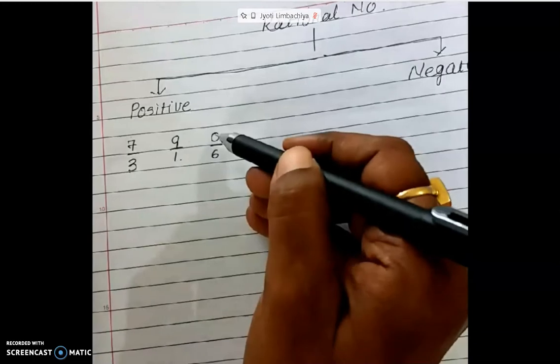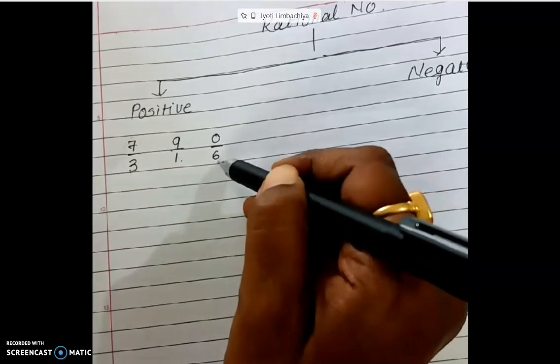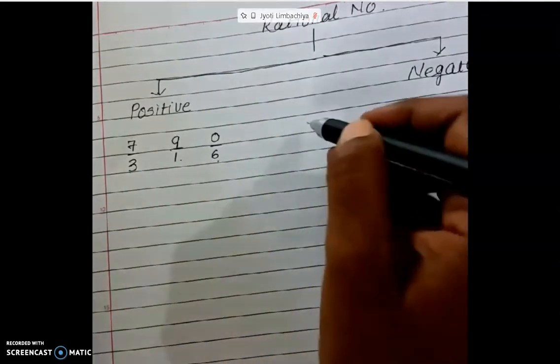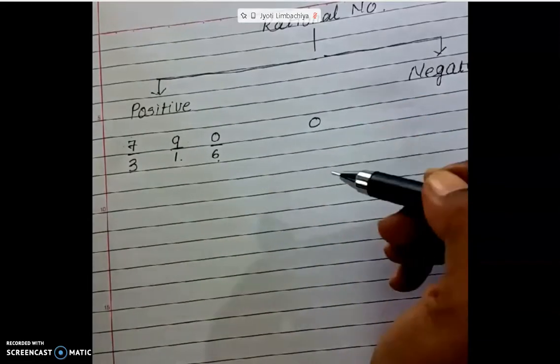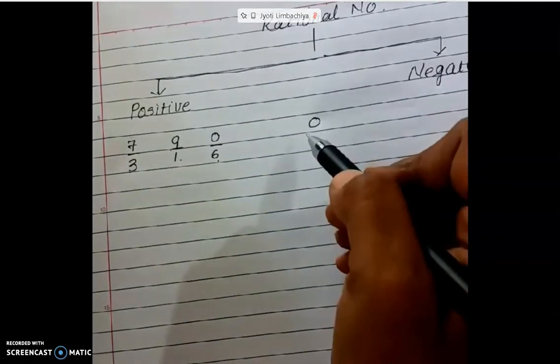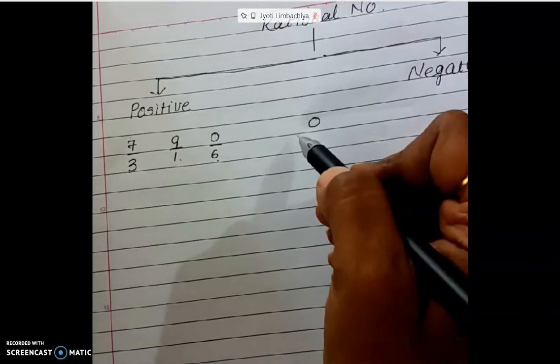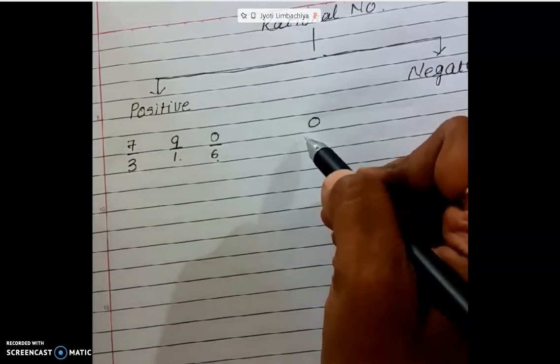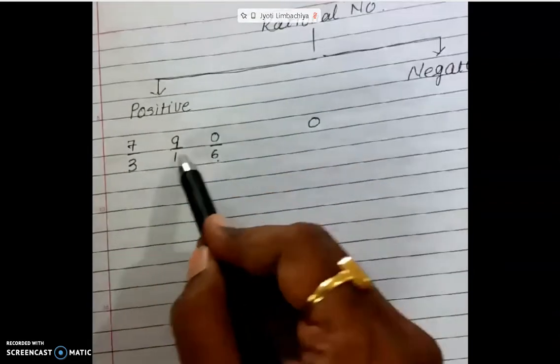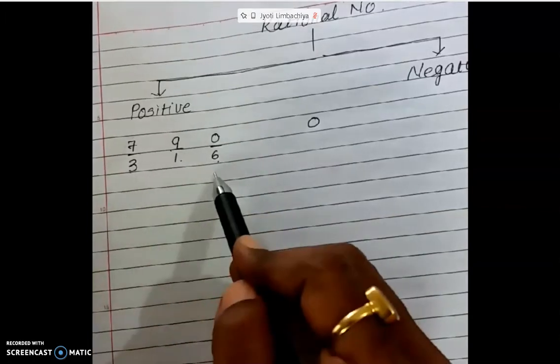See, if I write 0 upon 6, then it is positive rational number. But if I just write 0, it is neither positive nor negative. Alright? So, these are positive rational numbers.